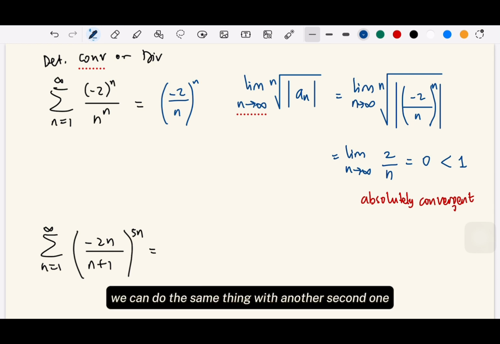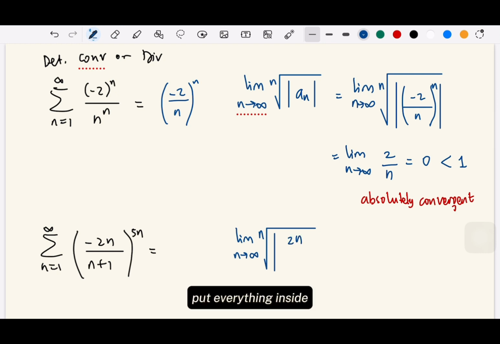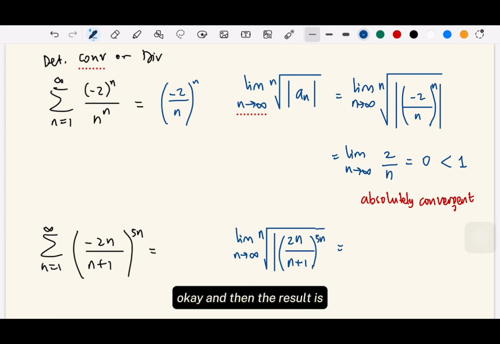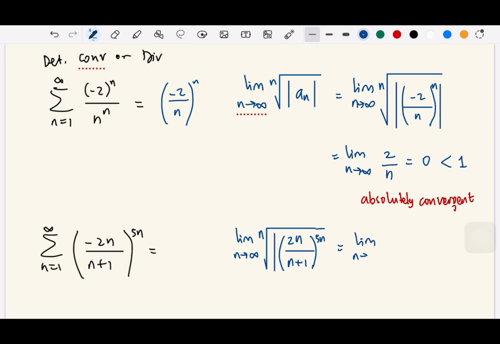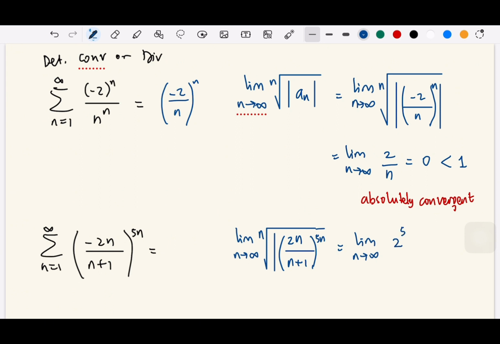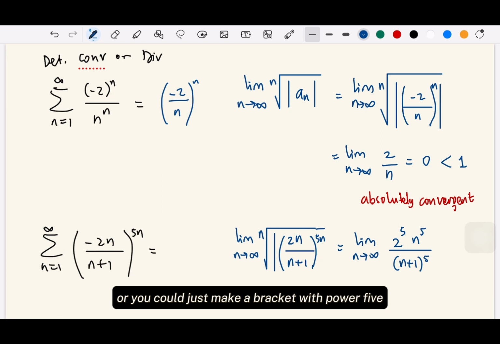Now similarly we can do the same thing with the second one. We take the limit of the nth root, put everything inside, and the result is the power n will cancel, but we still have 2 with power of 5, and n with power of 5 over (n+1) with power of 5, or we could just make a bracket with power of 5.